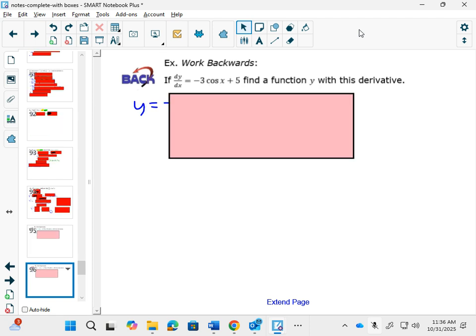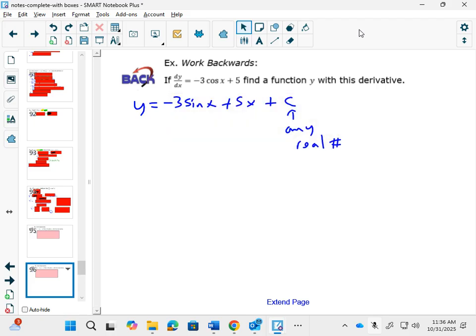Here's another one. Negative 3 cos x. What would it have been originally? Plus 3 sin x or negative 3 sin x? Negative 3 sin x. And then 5x. And then plus 17. So, yes.